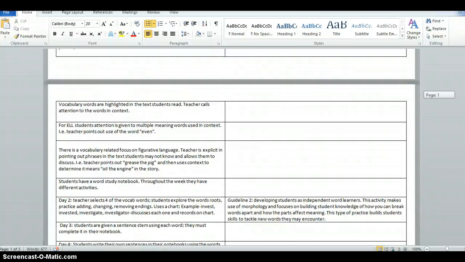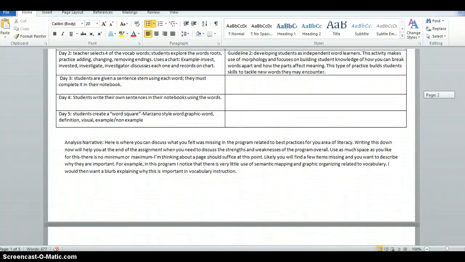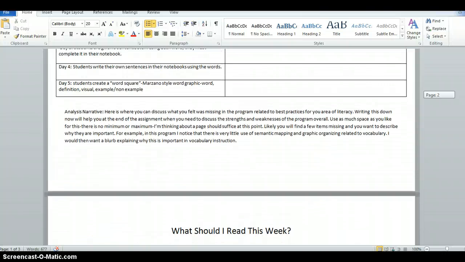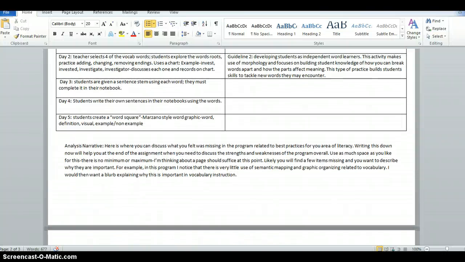So at the end of your analysis, you are going to write a narrative. This narrative is where you can discuss what you felt was missing in the program related to best practices, or if you found practices that you really couldn't associate with any evidence of best practice.